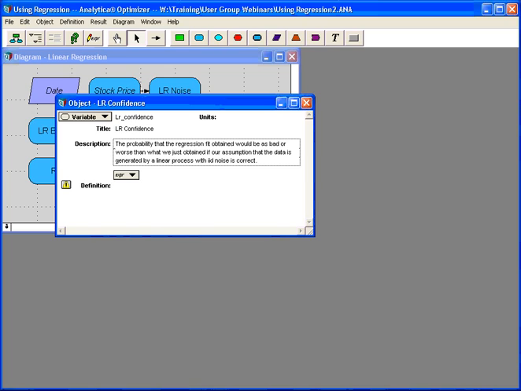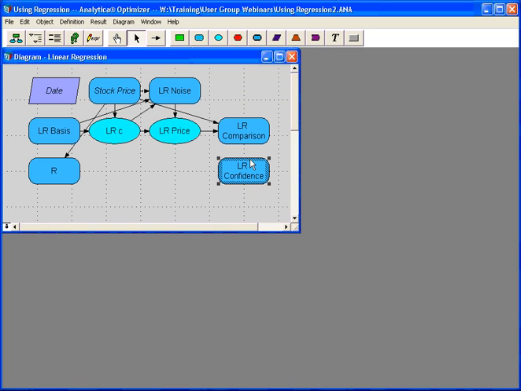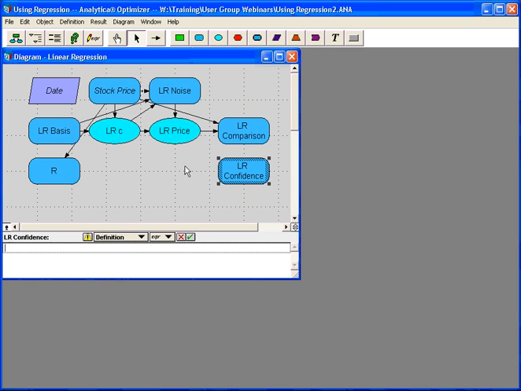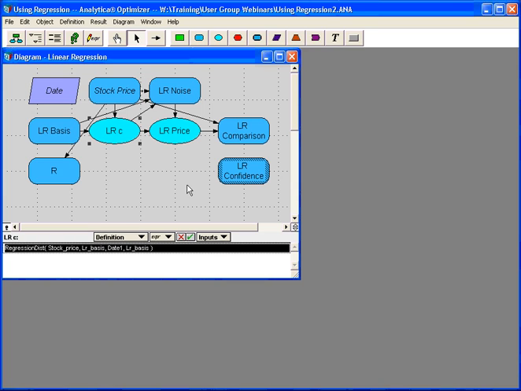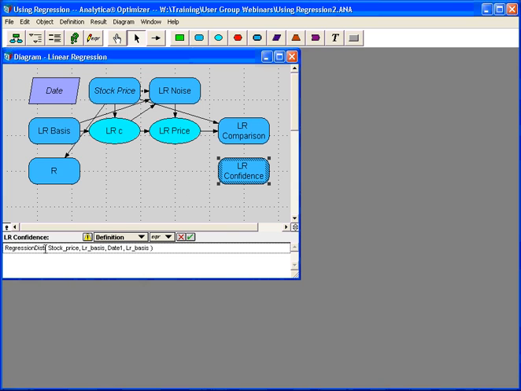IID is identically and independently distributed, right? Okay? So that's our confidence level. I'm going to edit this in the attribute pane here. So there's a function that takes the same parameters again that we've seen before for regression dist. It's called regression fit prob.